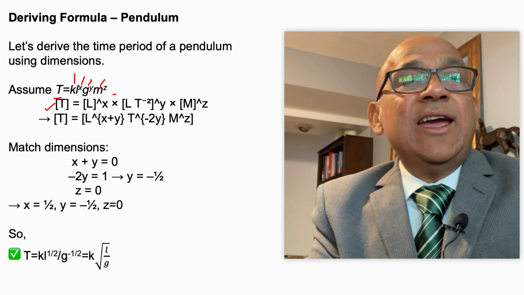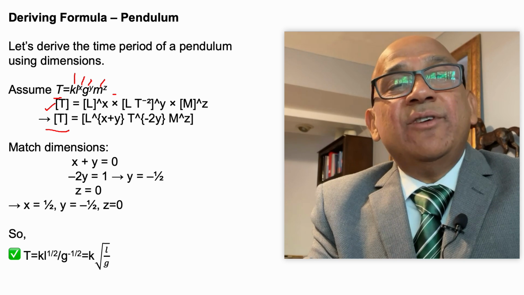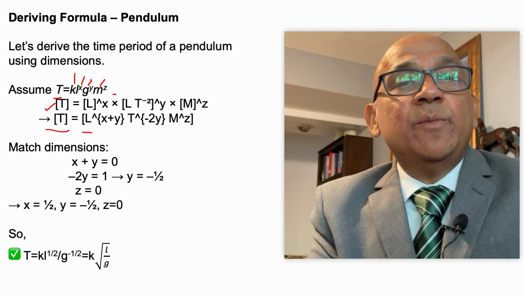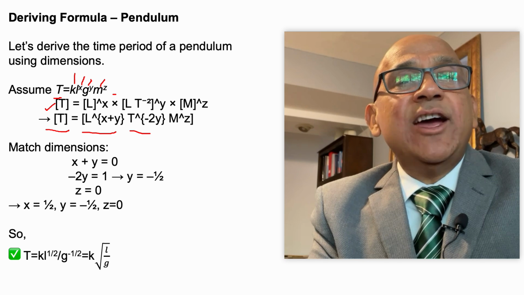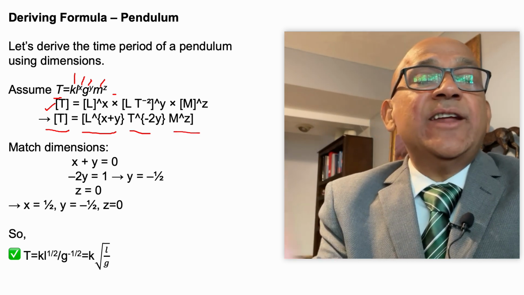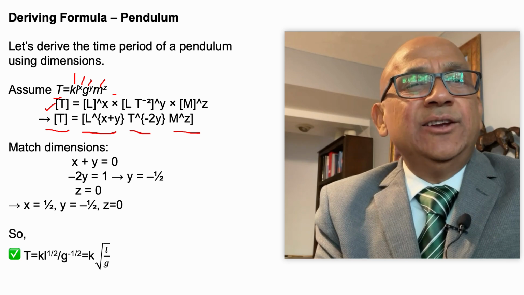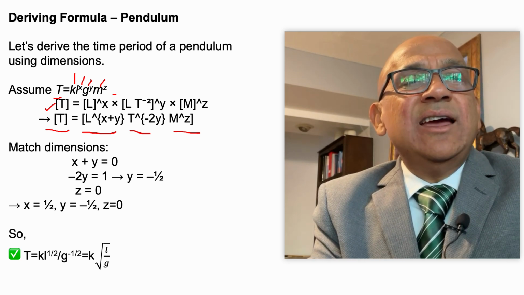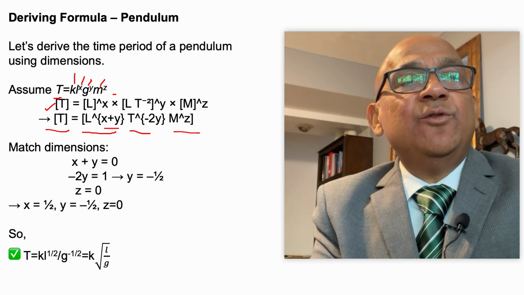If we simplify, on the left hand side it remains T, while on the right hand side you see L to the power of x plus y, t to the power of minus 2y, and M to the power of z.